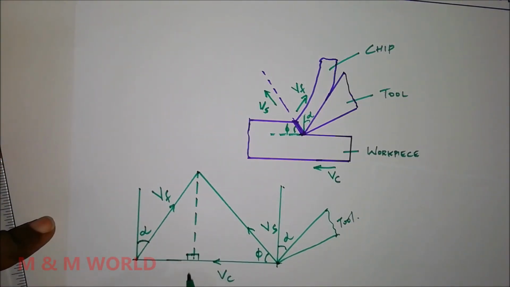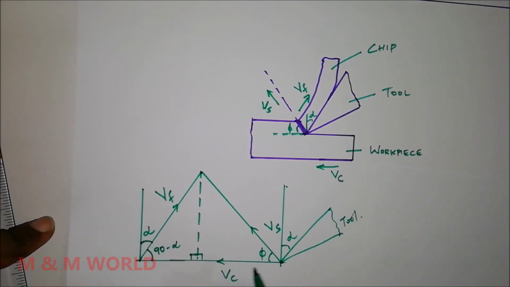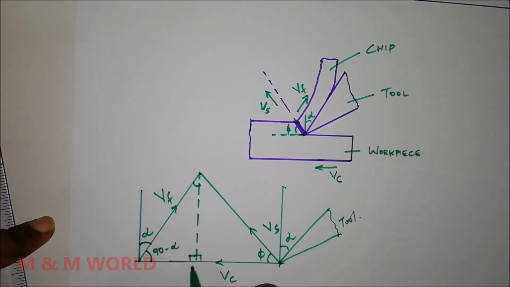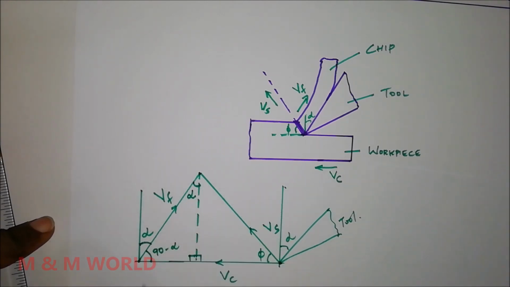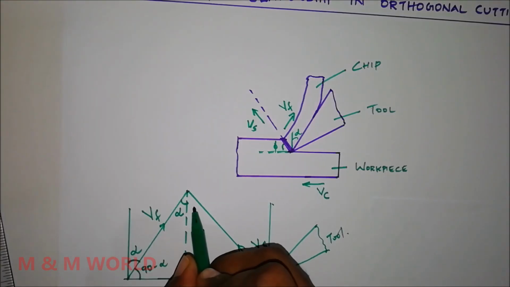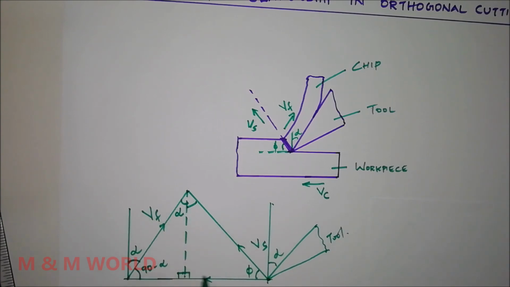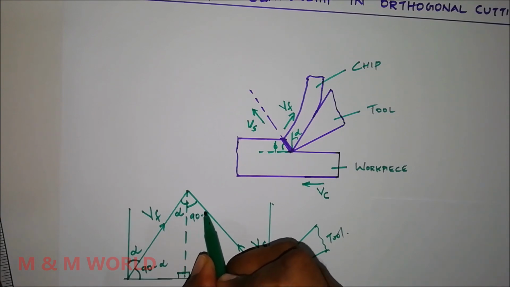So this is 90. Since this is alpha, this angle will be 90 minus alpha. Then this angle will be alpha. Then this angle is the shear angle phi. So this is phi, this is 90, and this angle will be 90 minus phi.